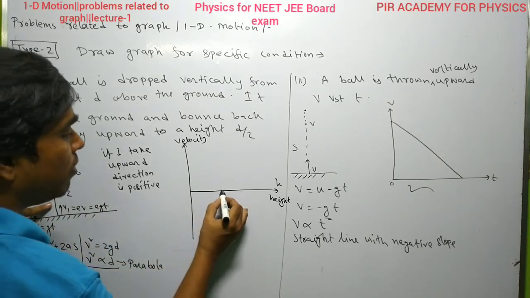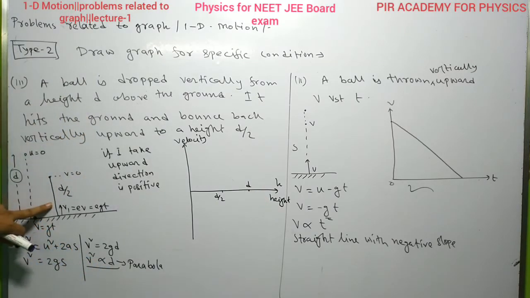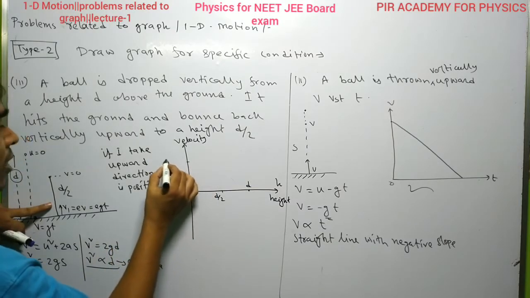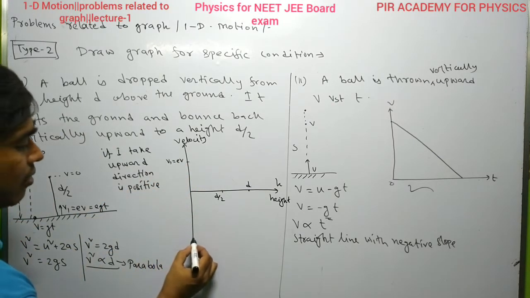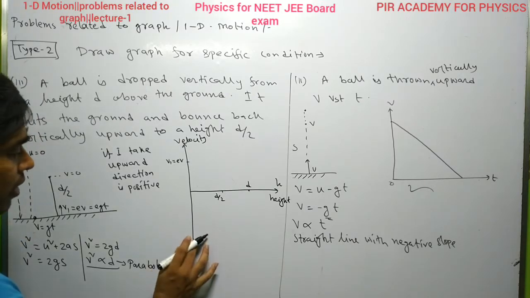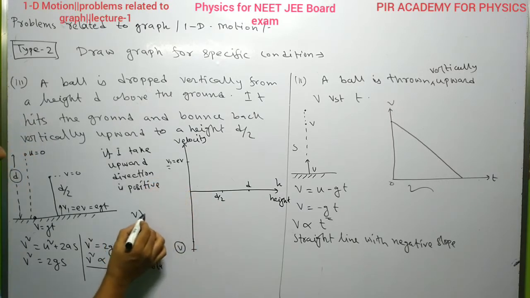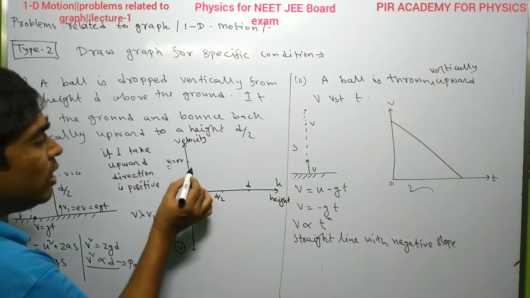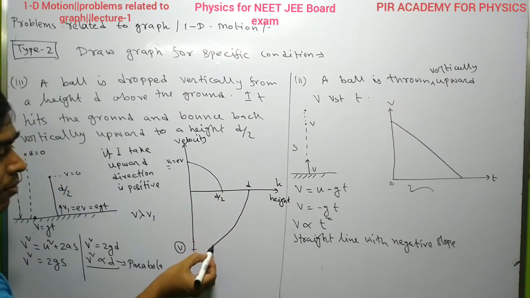Suppose this is d by 2 and here is d. The height is d by 2 and d, and the velocity, suppose this is ev, that is v1, e into v, and here the negative velocity will be v. The maximum velocity is v, because v is greater than v1, where e is the coefficient of restitution. So it looks like a parabola.